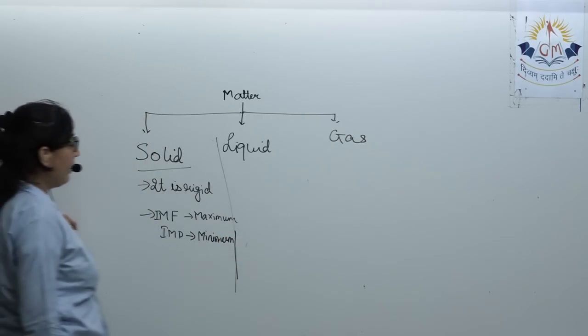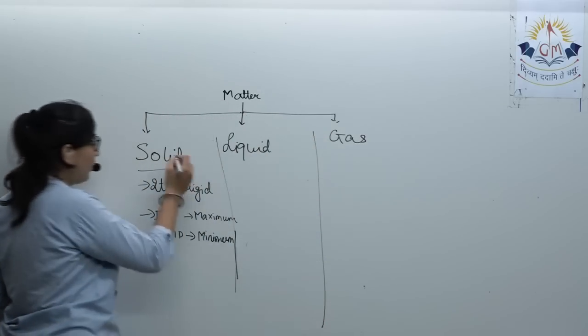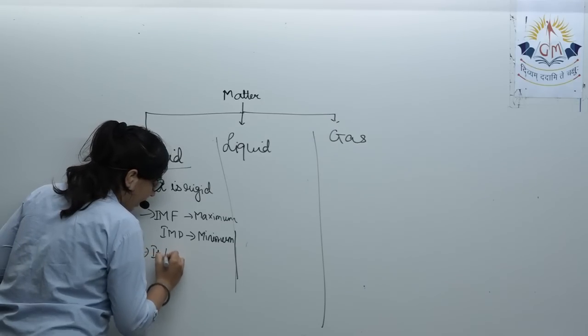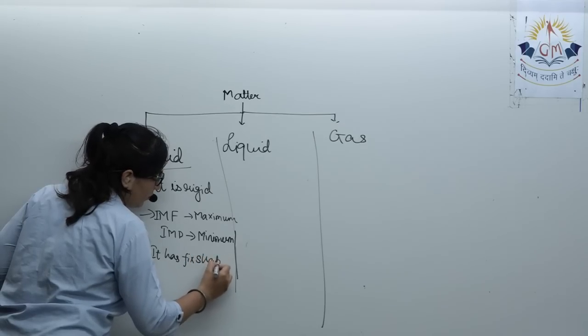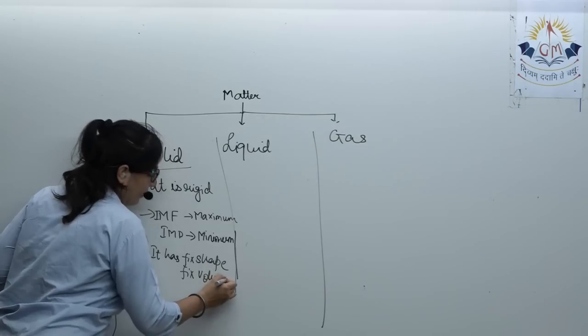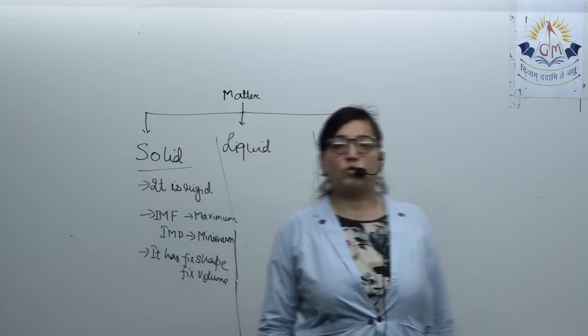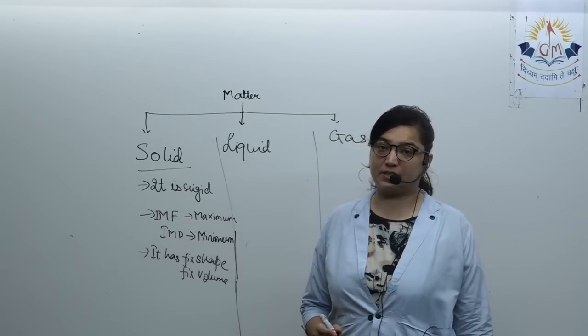Okay, coming to liquid. If we talk a little more about solid, it has fixed shape and fixed volume. Its volume and shape are totally fixed.